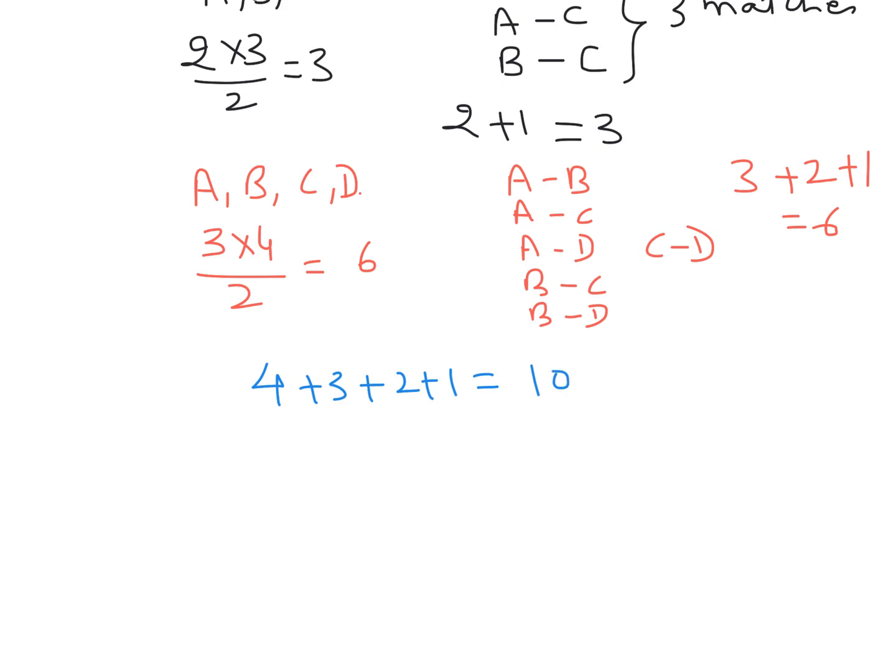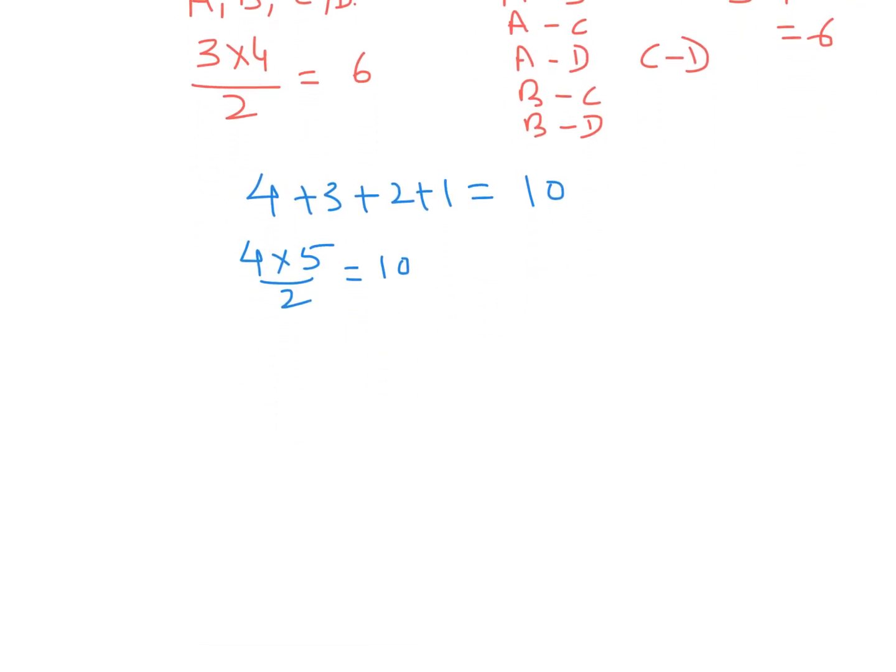Or you can also have 4 into 5 divided by 2, which is again 20 by 2, that is 10. So if 5 teams are there in a group, then there will be 10 matches played within that group, in which every team is playing against the other team of the group.